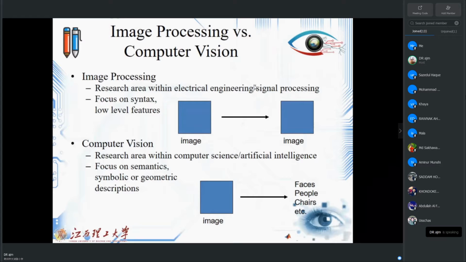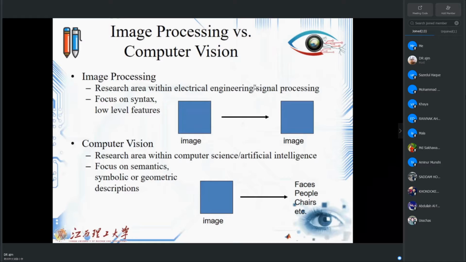In image processing, the research area is with electrical engineering and signal processing people, and we are focused on the syntax of low-level features. It means that the input is an image and the output is also an image.